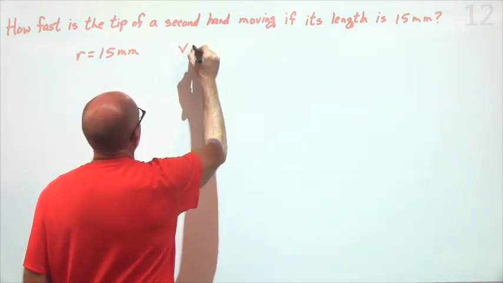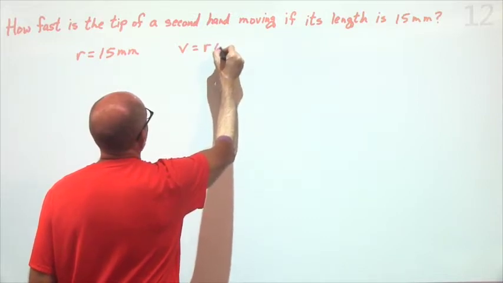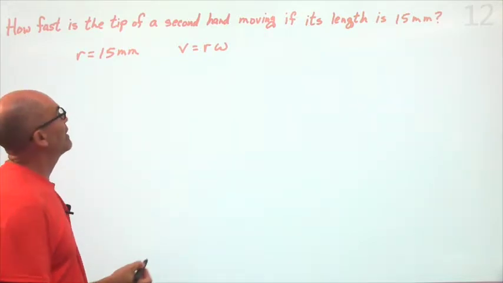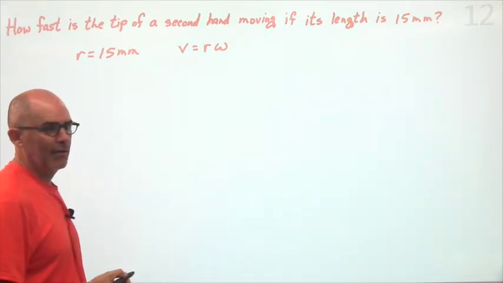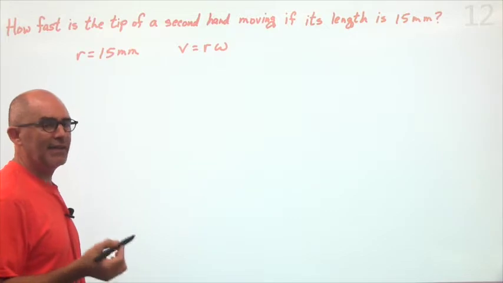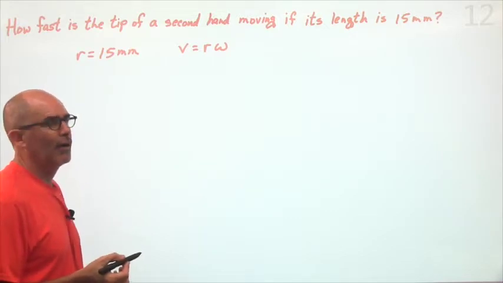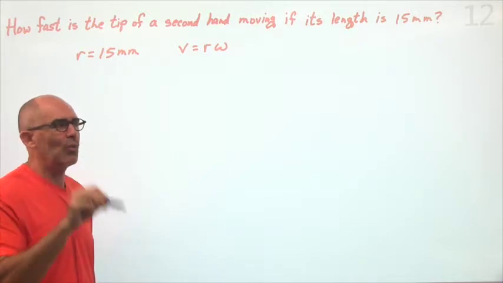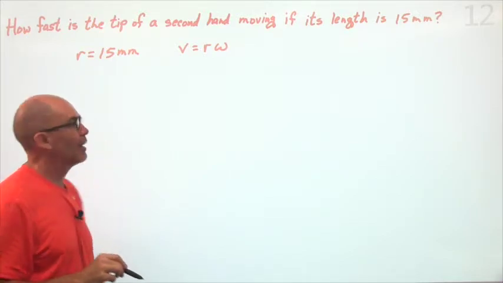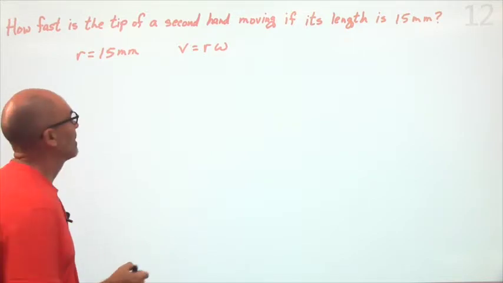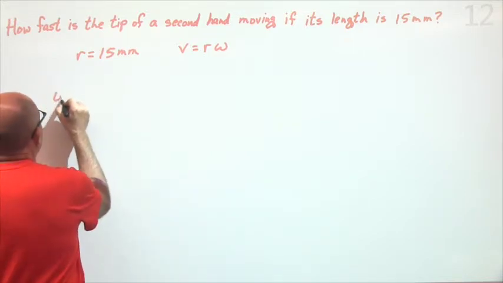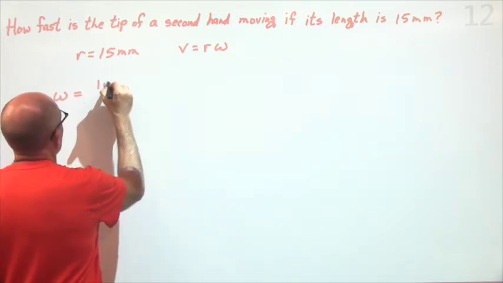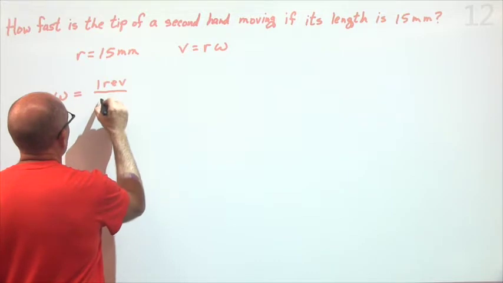So velocity equals r omega. Well, now we need to know what omega is for a second hand. Well, how fast does the second hand move? Well, it's going to rotate 1 time around in a minute. So that means omega is going to equal 1 revolution per minute.